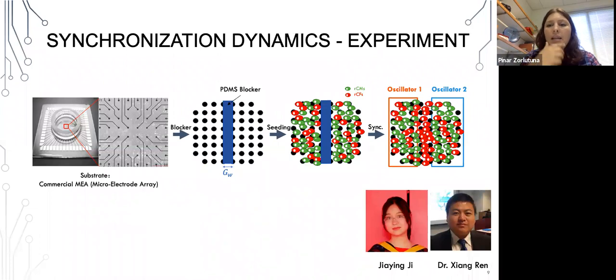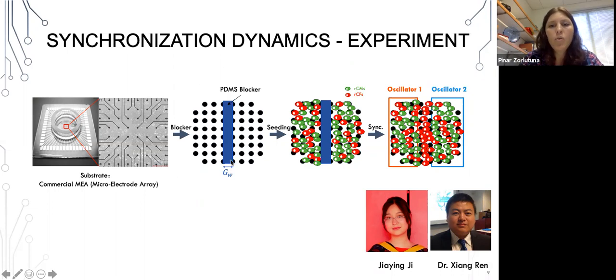And for that, two of my students, actually a graduate student, Yang, and a postdoc in my lab, Shang, worked really hard to do these very tedious experiments with cardiomyocytes, and we started very simple. We used microelectrode arrays with blockers.